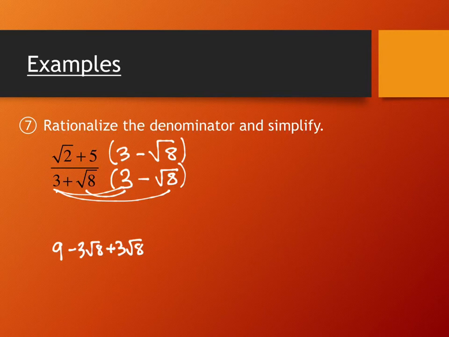And one of the things that might be in the back of your mind, like I feel like I've seen this before, but it wasn't quite like this. So this is actually a difference of squares. Okay, so we encounter it any time we multiply by conjugates, whether there's radicals involved or not. My last terms then, the square root of 8 times the square root of 8, one of them is negative, but give me the 8.